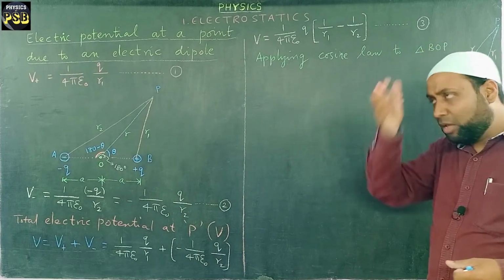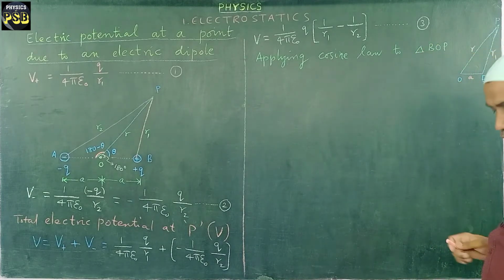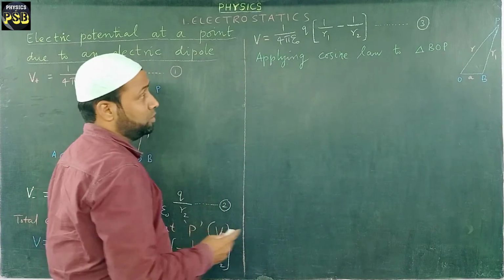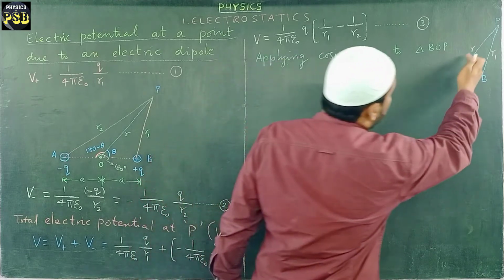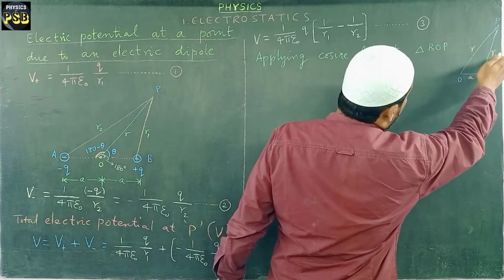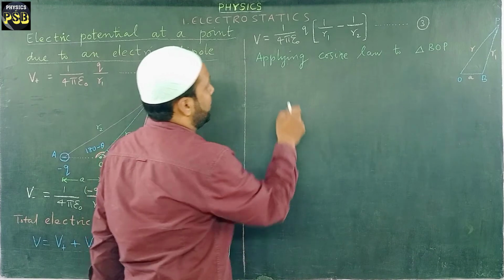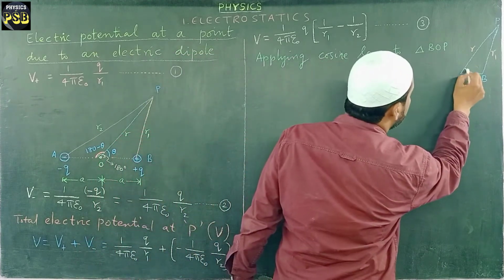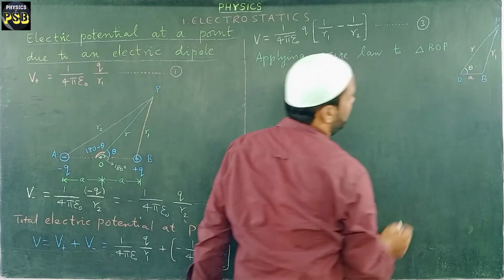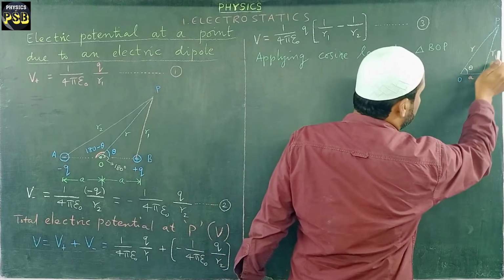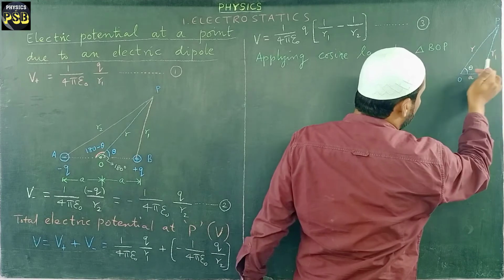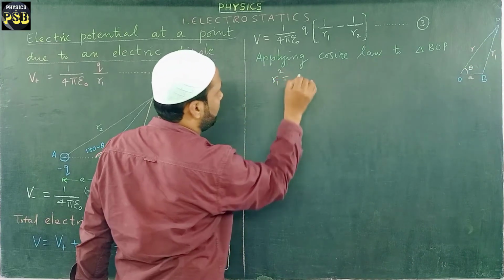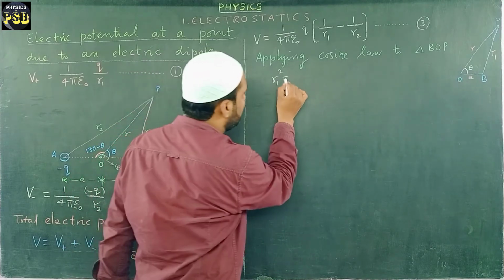Now look at this carefully. How am I going to apply the cosine law to this triangle? I square this side. The angle here is theta. I take the side opposite to this angle, that is R1, and I square this.